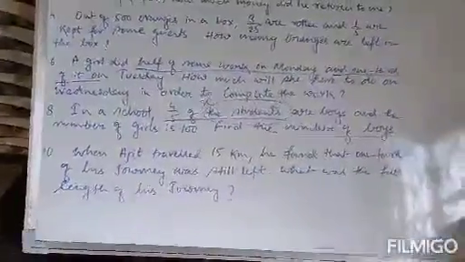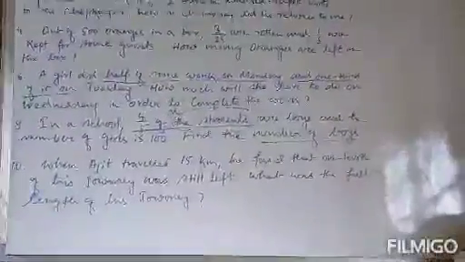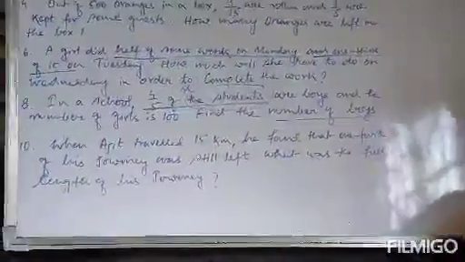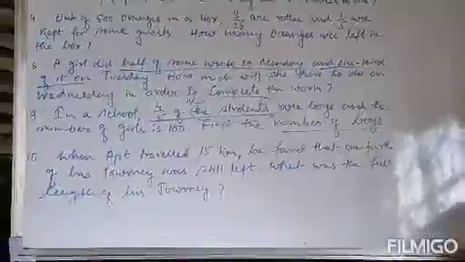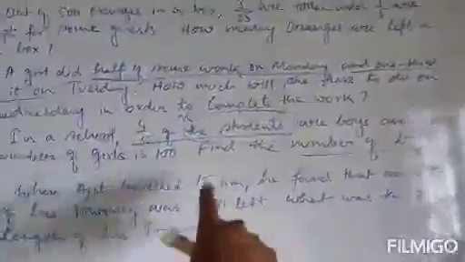Now we'll assume that the full length of the journey is x kilometer, because if we don't know the full length, we cannot find out the remaining portion of his journey. Clear? So we'll assume that the total full length of his journey be x kilometer, because here the unit given is kilometer.